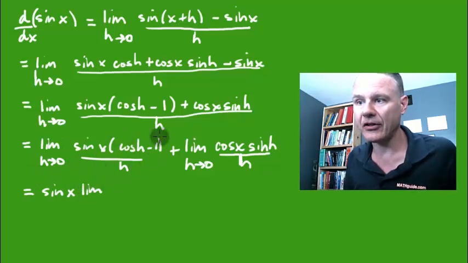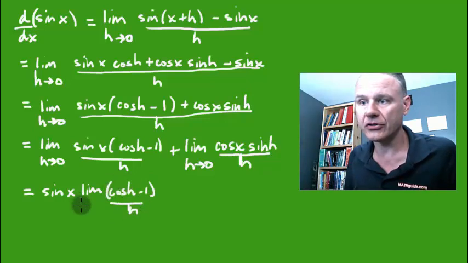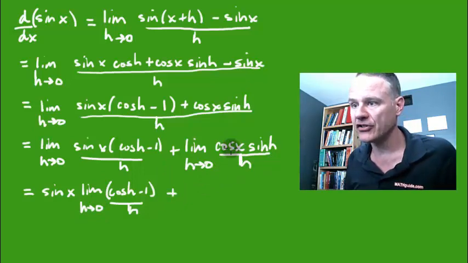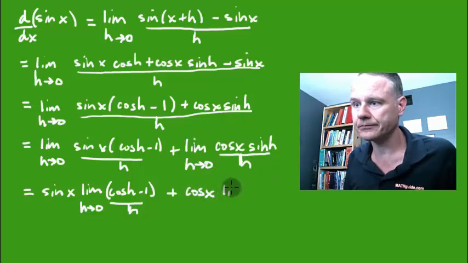Then I have the limit of cosine of h minus 1 all over h, as h approaches 0. And we're going to do the same thing over here. The cosine of x can come out of the limit, and what's left is sine of h over h.